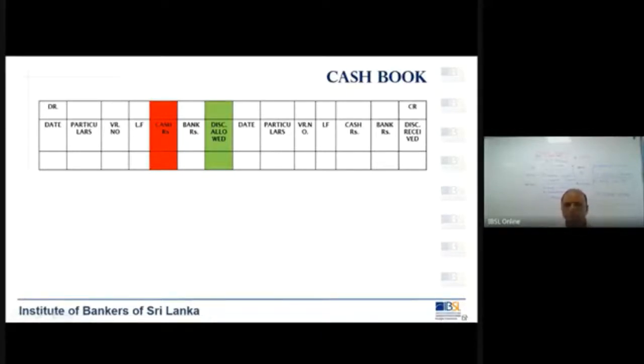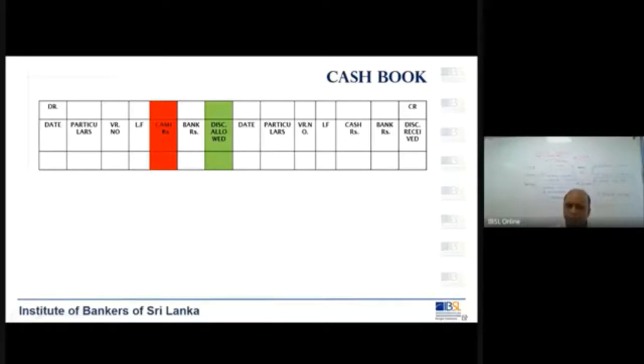So assuming that you are doing it on a monthly basis, at the end of the month, you will go and total the amount of discounts that you have allowed in the green column. Okay, and that amount will be recorded in an account called the discount allowed account.